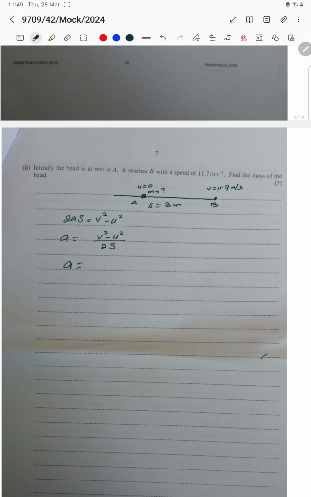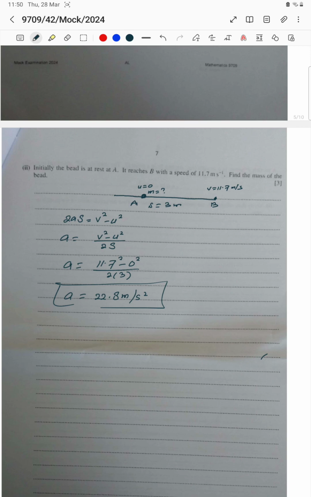So let's see with what acceleration it will reach from A to B. So v is 11.7 square minus 0 square over 2 times 3. That was the given distance between the A and B position. After calculation, we will get 22.8 meter per second square. This was the acceleration with which the bead will move from rest from point A to point B.